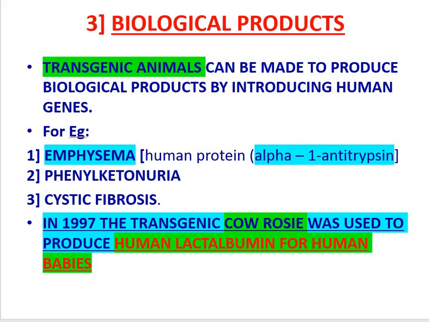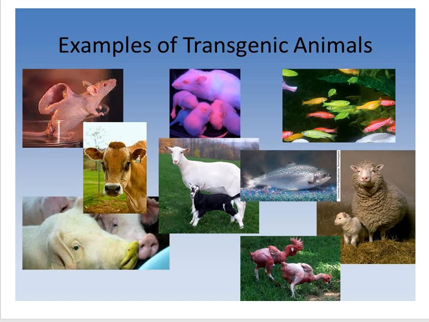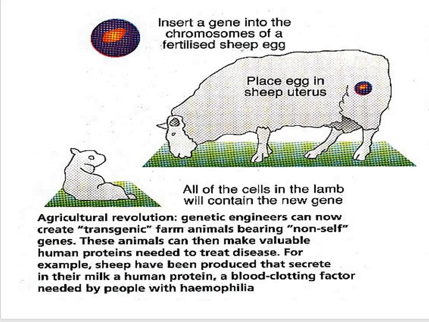So this is also one example where human milk can be produced in a cow and can be used for babies who cannot be breastfed. Various examples are there wherein transgenic animals like sheep also are used and various types of biological products are obtained from them.